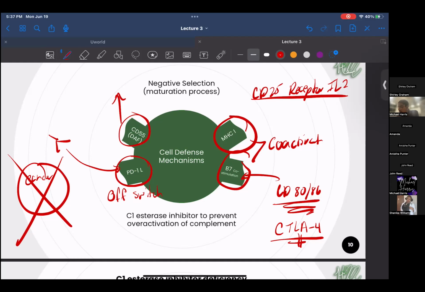This one's more for decreasing. This one's more for increasing. Okay. This is a more common way that you're going to see it. Yeah, like rheumatoid arthritis, things like that.